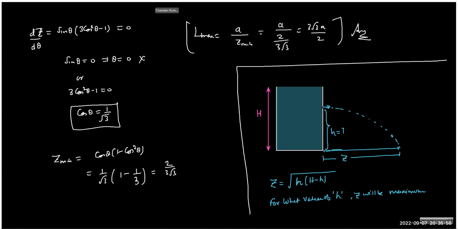Tell me the answer for this. What is the Z value? Sorry, what is the H? What H will make the Z maximum? It's pretty simple. You can square both sides and differentiate. That's easy, right? So what do we need to differentiate? dz by, what is the variable here?